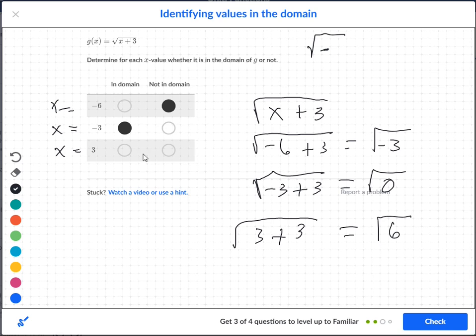That's fine, as long as you do not get a negative number like what I got here with the negative 6. That was not in the domain. So only negative 3 and 3 would work. The negative 6 would not work.